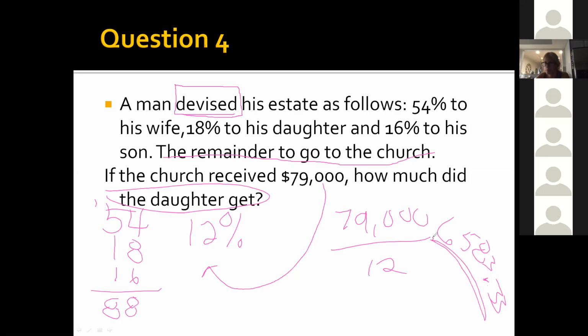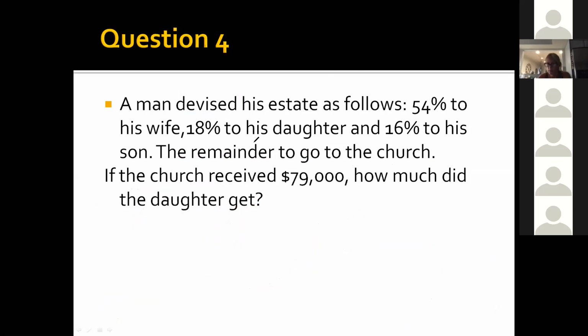His daughter got 16%, so we're just going to multiply this times 16. And his daughter got $105,333. Okay? And that's a question that's quite often on the test. And this is just you being able to do percentages and then to do a calculation afterward. Okay, not a hard question.